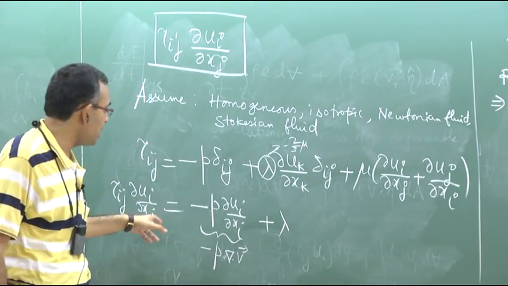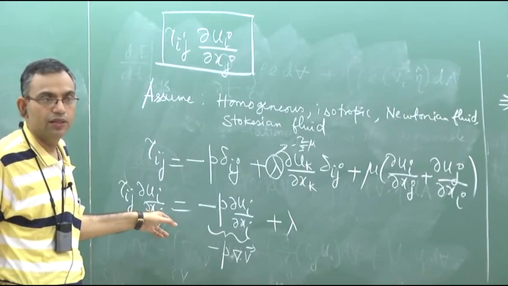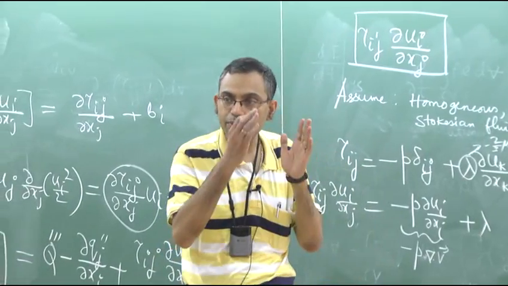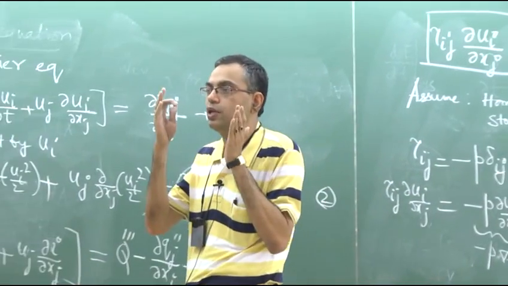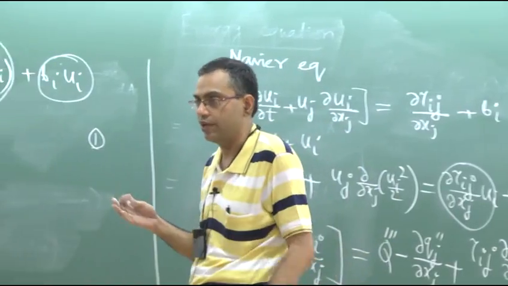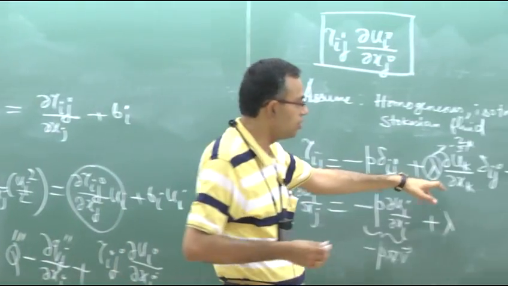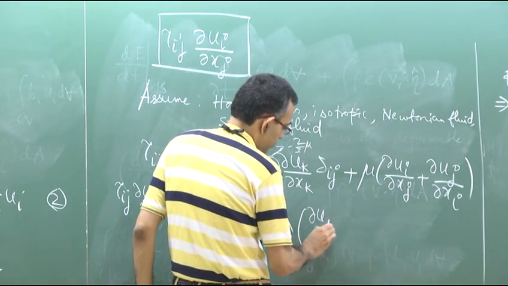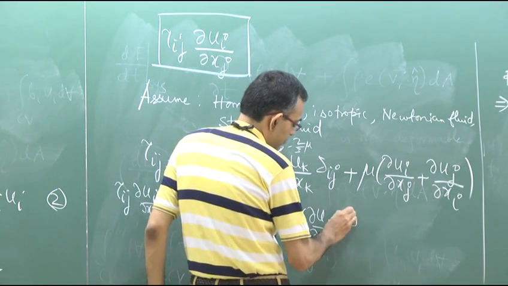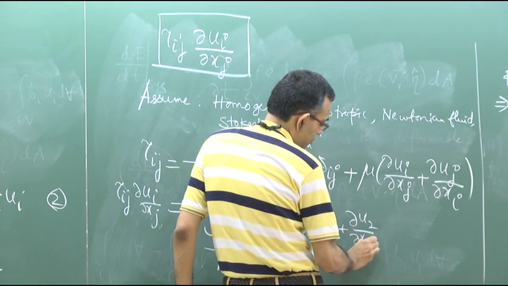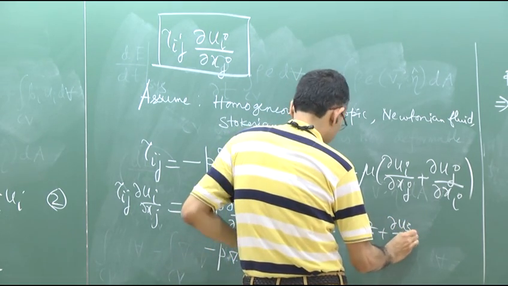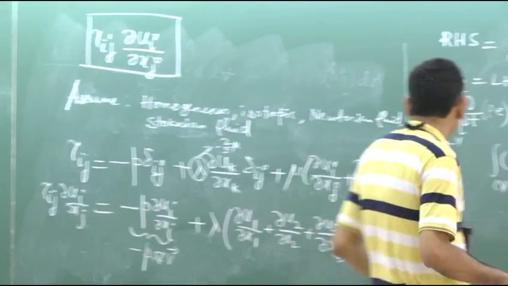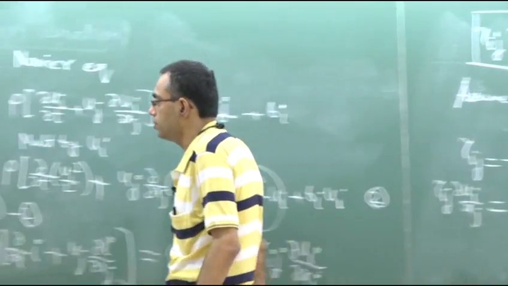Delta ij into del u i del x j is del u i del x i. That is also del u 1 del x 1 plus del u 2 del x 2 plus del u 3 del x 3. So, it becomes del u 1 del x 1 plus del u 2 del x 2 plus del u 3 del x 3 whole square, this term, plus the remaining terms.